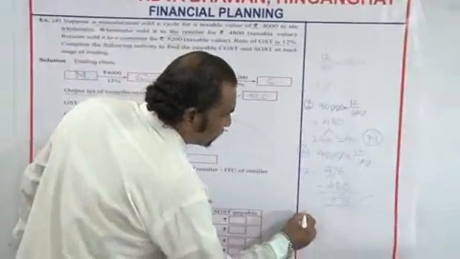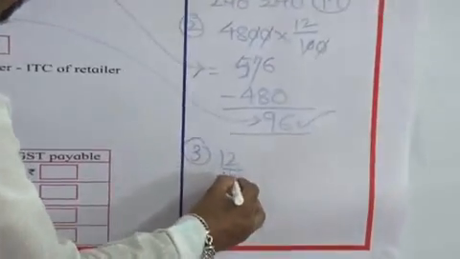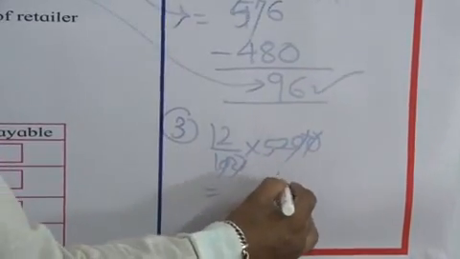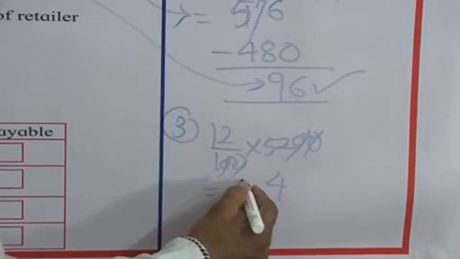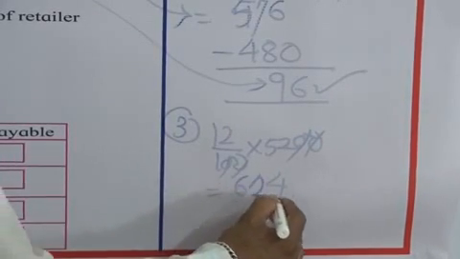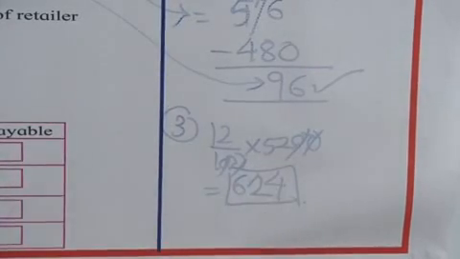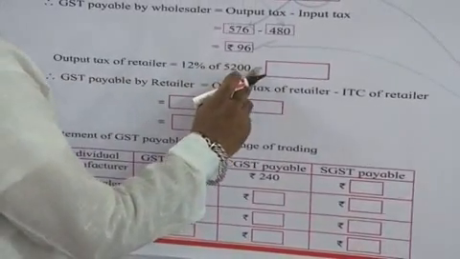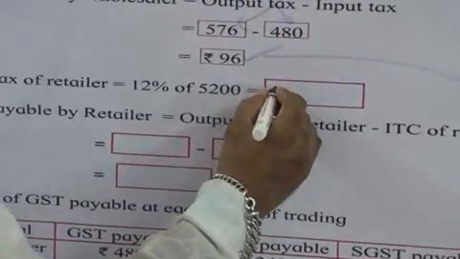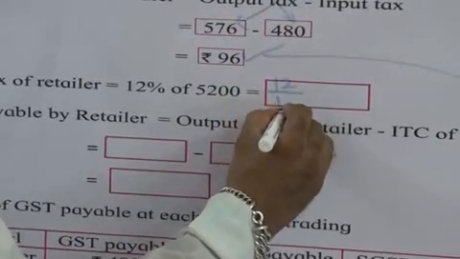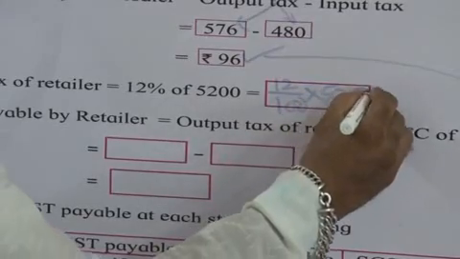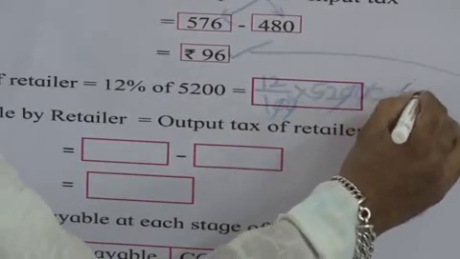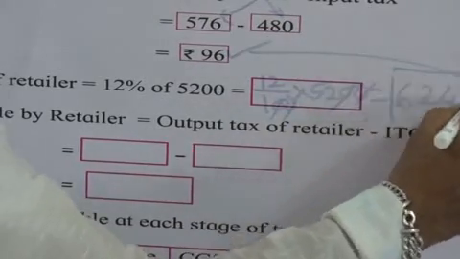Therefore we have to calculate 12% of 5,200, that is 12 upon 100 into 5,200. I have calculated, it is 624. This is the third transaction.